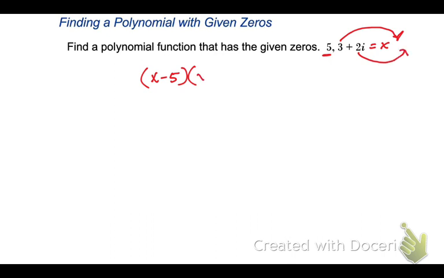So it'd be x minus 3 minus 2i, and it'd be x plus 3. Nope, it'd be x minus 3 plus 2i. Where was the only sign change? Yeah, it was only on the imaginary part.